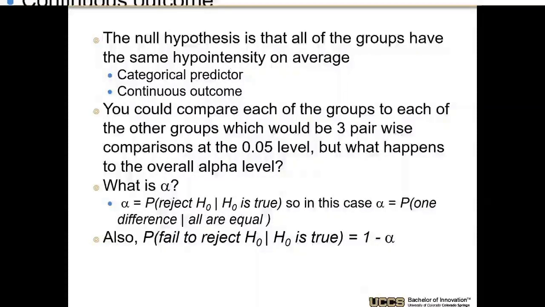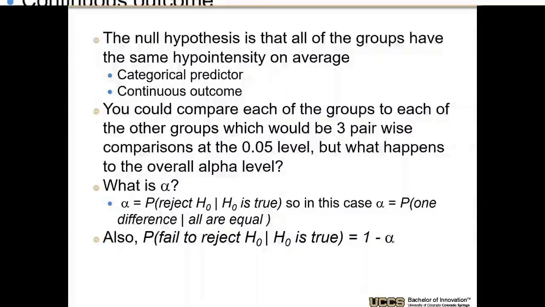So we have this categorical predictor of a continuous outcome. I don't care that hypointensity is a continuous number; my answer is they're all supposed to be about the same. So I could take those three groups and do pairwise comparisons. If I were to do that, I would do 3 comparisons at the 0.05 level. Well, what happens to the overall alpha? This is what we just went through with that equation.